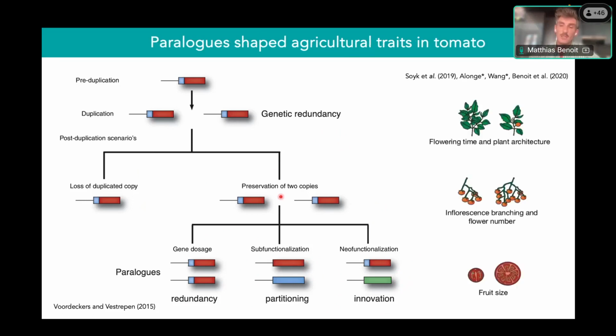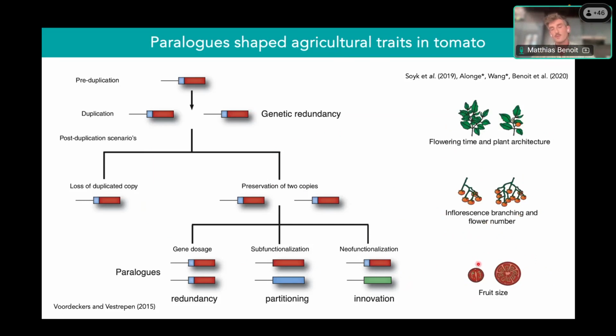And what we've been showing using tomato as a model system is that those gene duplications shape extensively several traits of agricultural interest in tomato, including flowering time and plant architecture, inflorescence branching and flower number that ultimately translate into improved yield, and also fruit size.